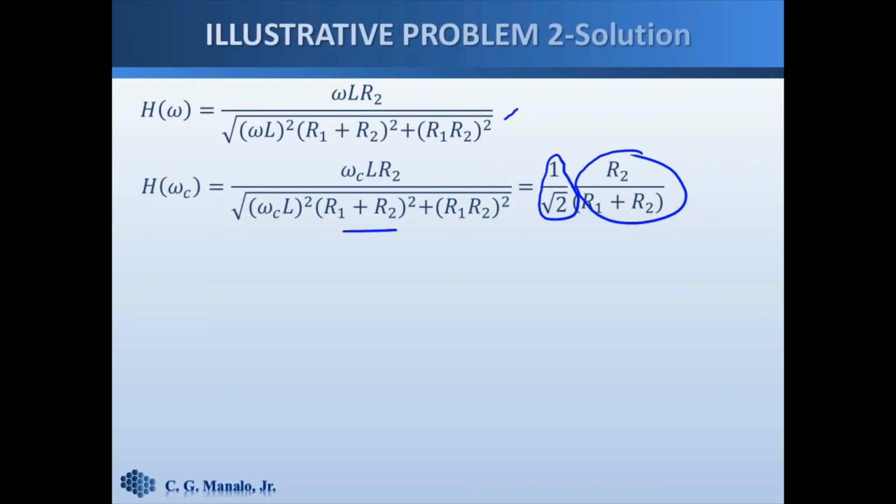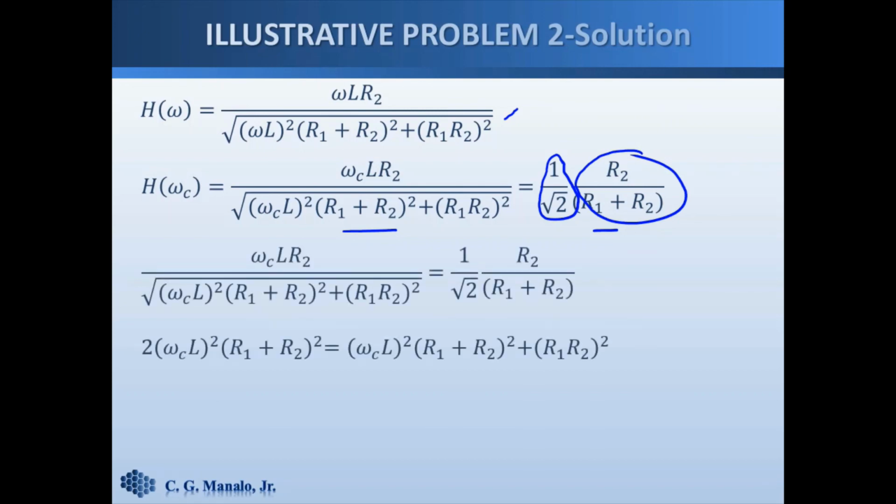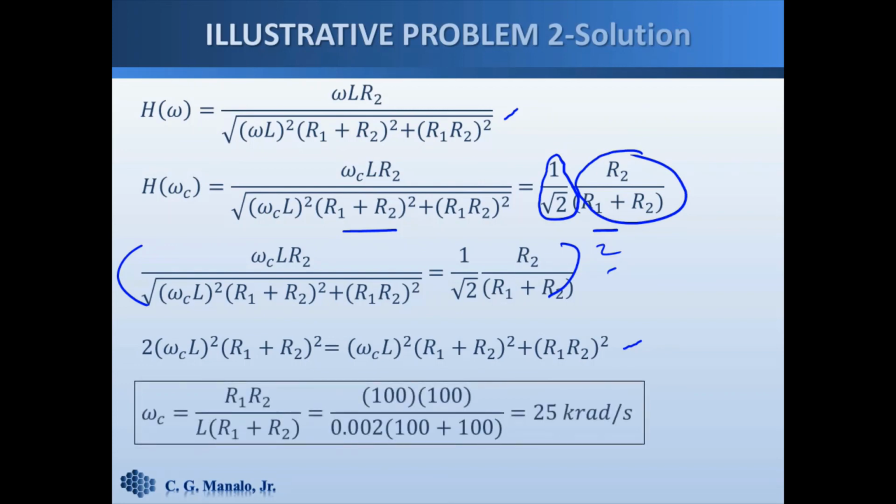So we equate this with this one and then solve for omega sub c. Okay, so we can eliminate the squared sign by squaring this, and doing that will give us this expression, and in solving for omega sub c, that should give us this expression here. And substituting for the values of the resistances and L, you will get omega sub c equals 25 kiloradians per second.